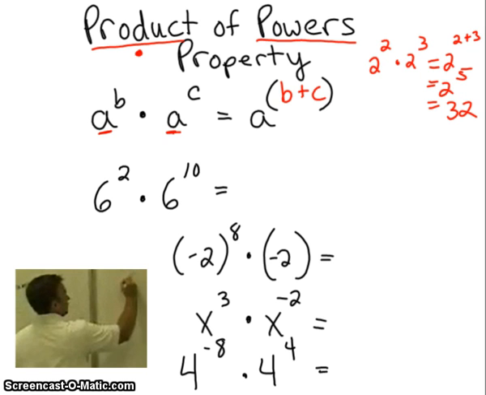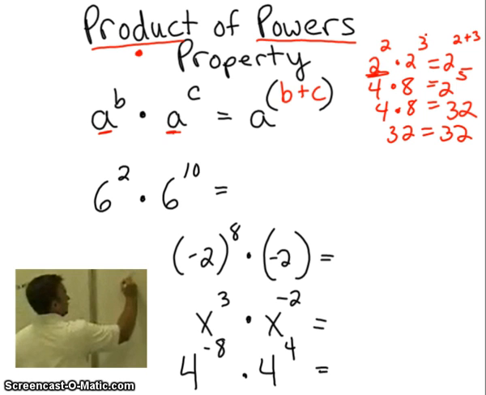And 2 squared is 4, 2 to the 3rd, 2 times 2 times 2, is 8. Well, what's 4 times 8? That's 32. So it's the same thing. That's why this property works.